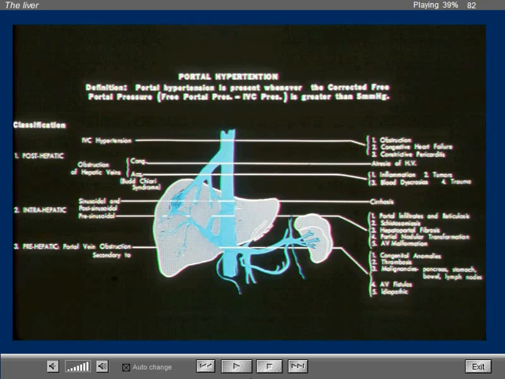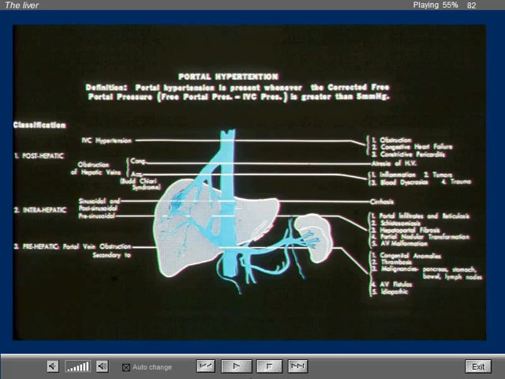So any condition that produces high pressures in the inferior vena cava, such as obstruction, congenital bands or webs, etc., or cardiac conditions such as constrictive pericarditis can lead to portal hypertension. Congestive heart failure will also fall into that category. The obstruction of the hepatic veins can occur congenitally or can be an acquired process.